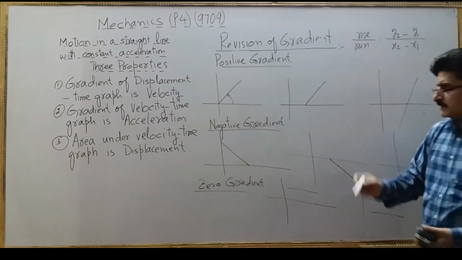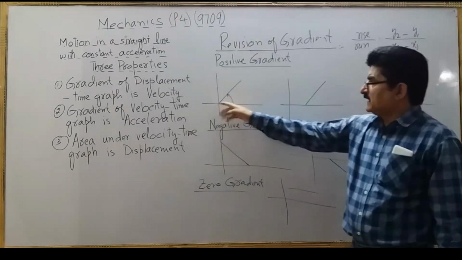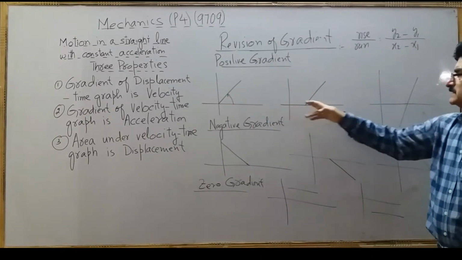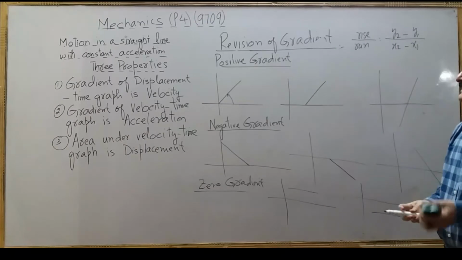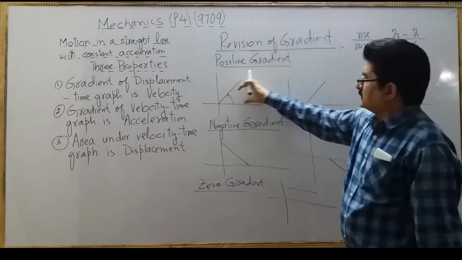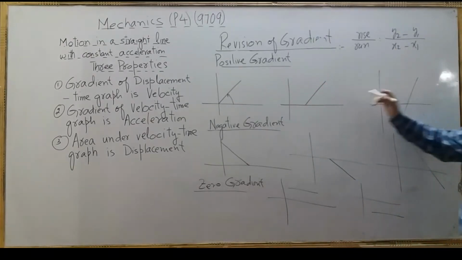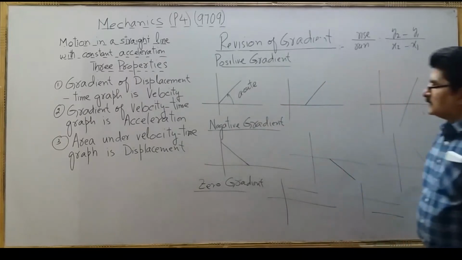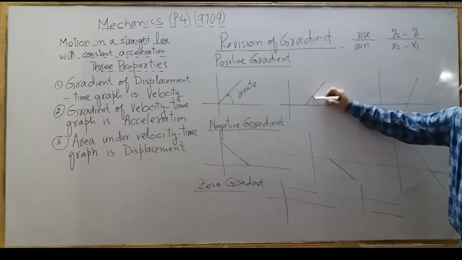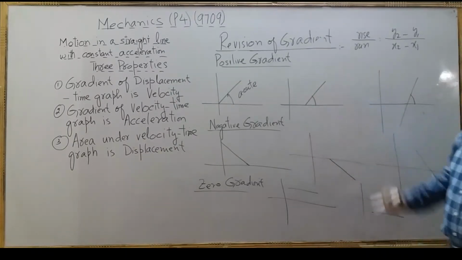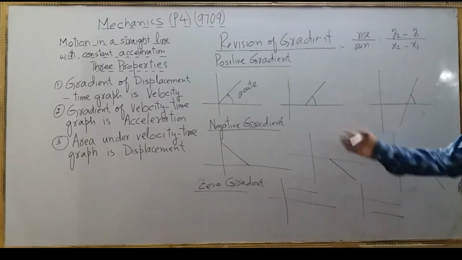So it doesn't matter whether the graph starts from the origin or from some point on the x-axis, the gradient will be positive. You can also notice that this angle is always acute, and so the gradient will be positive. Then we have negative gradient.